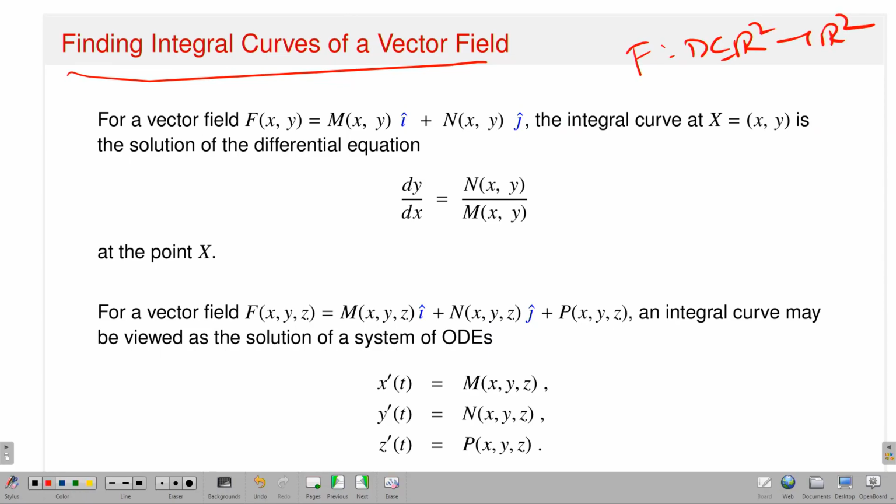So start with a vector field capital F from some domain D subset of R2 to R2, whose first component is capital M of x,y and second component is capital N of x,y.